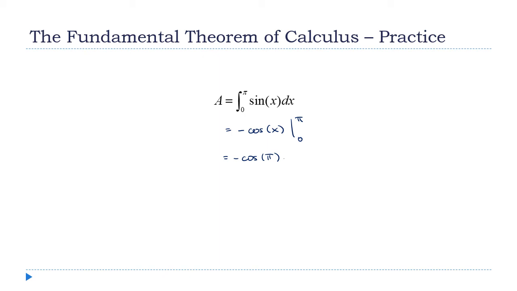This is going to be minus cosine of 0. Okay, cosine of pi, that's -1, so this is minus negative 1 minus cosine of 0, which is 1. See what I'm saying? More negative signs here than you can shake a stick at. So this negative 1 is 1. Here negative 1 becomes plus 1.